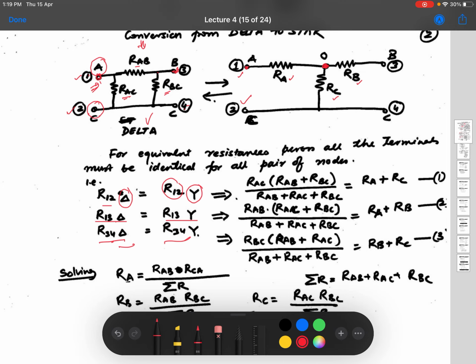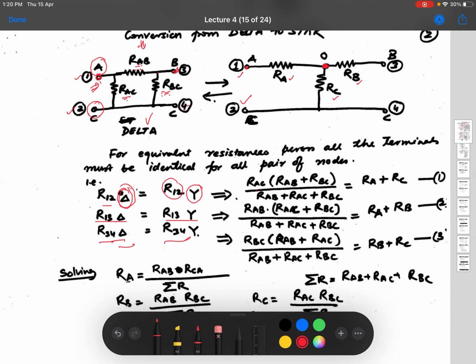Okay, now let us try to see. If I see from the delta circuit the resistance across 1 and 2, then I can calculate it as RAB and RBC in series. RAB plus RBC, these two are in series, and together this series combination is in parallel with RAC.